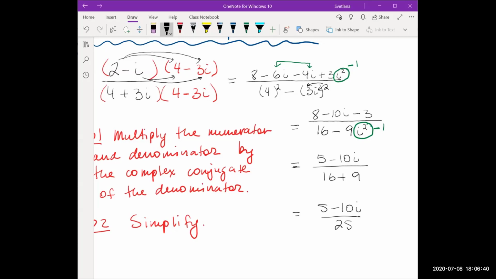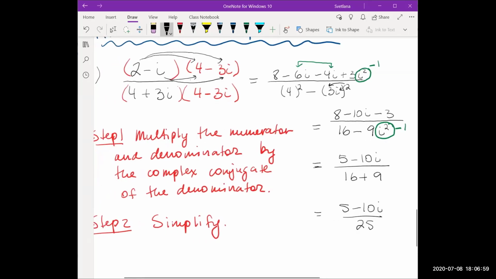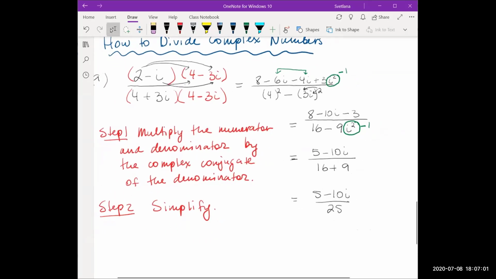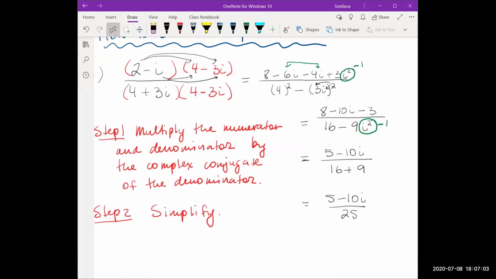First of all, let's stop and make a note here that we did get just a real number in the denominator. We know it happened because we multiplied complex conjugates, and that was the goal here. It's, again, the same way of thinking as when we deal with radicals. The only thing that now is going to be one last step, and when we're dividing two complex numbers, well, we need to end up with a complex number, right?